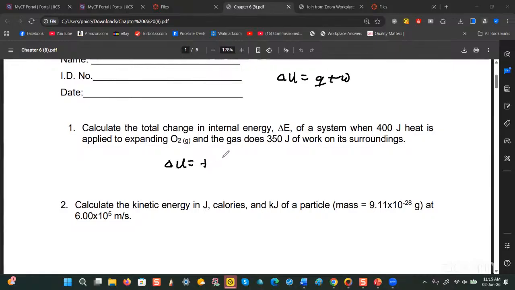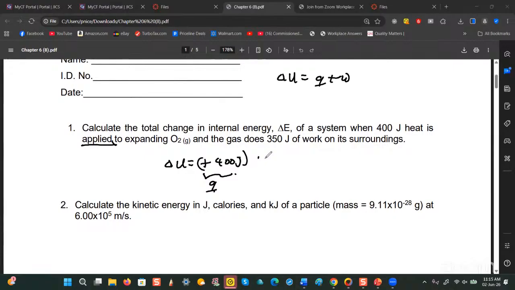And not only that, it would be positive 400 joules because it's the amount of heat that is applied. Okay.